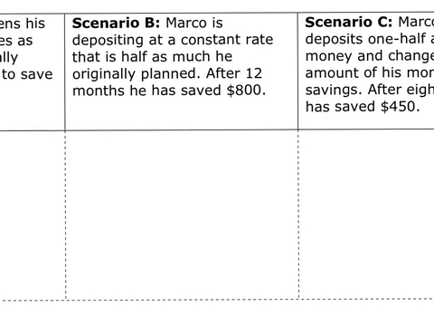It says that Marco is depositing at a constant rate that is half as much as originally planned. After 12 months, he's saved $800. So there are a few things I know for sure about this savings plan. I know my slope is whatever half of my original slope was, because don't forget, rate means the same thing as slope.